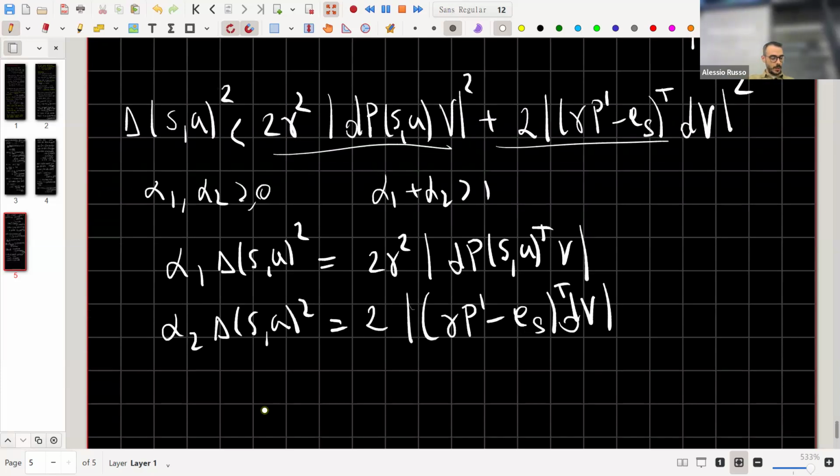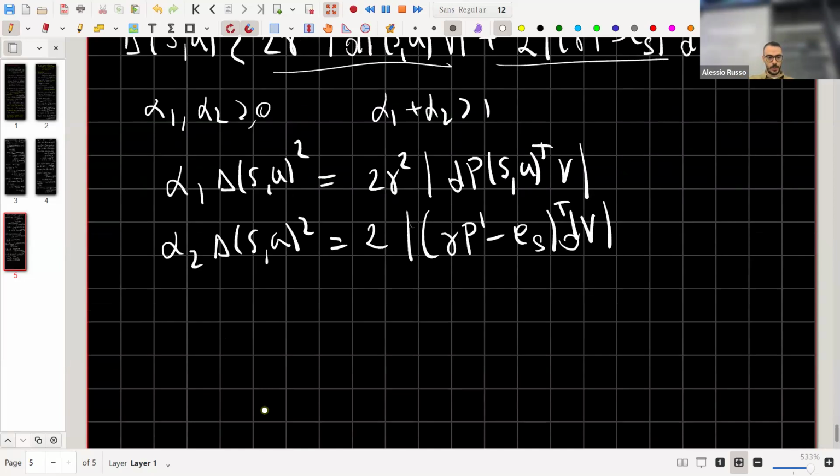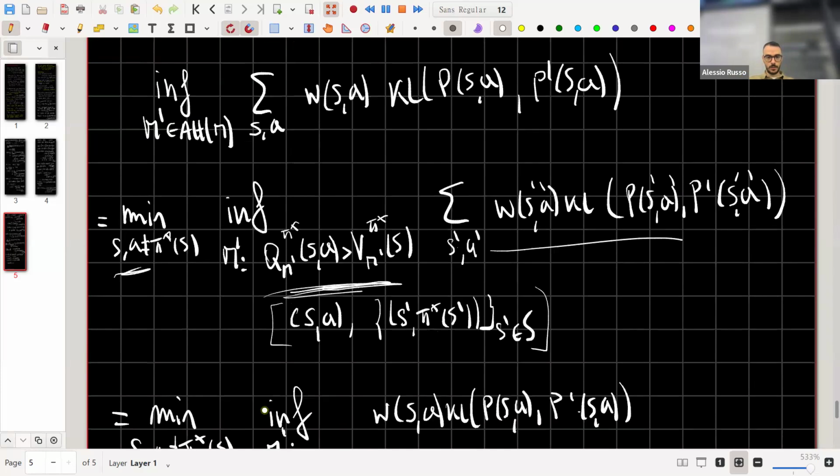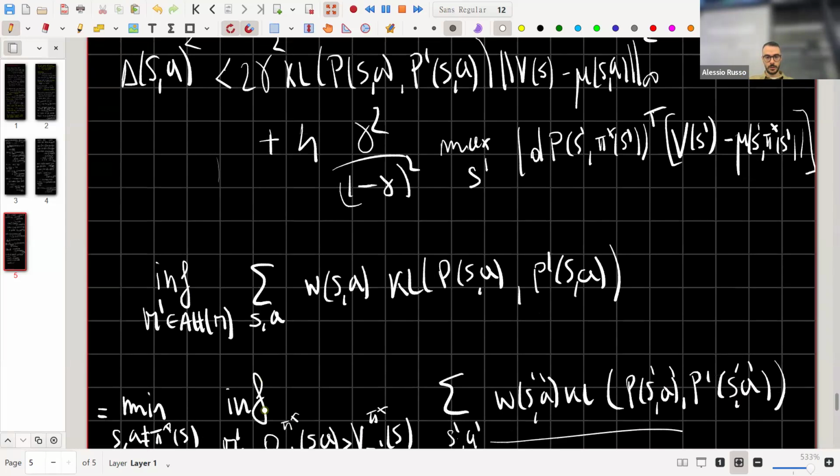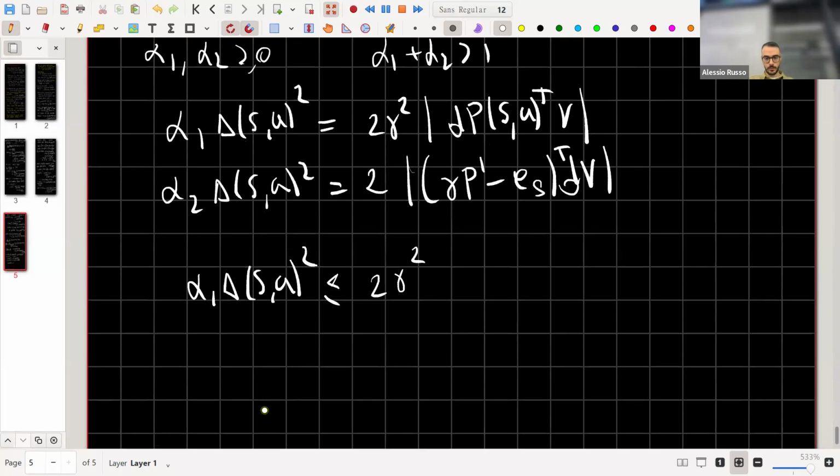So now we are going to plug in the upper bounds that we found before. So alpha 1 delta SA squared is bigger than 2 gamma squared, so basically this thing here. I'm just going to write P P prime because it's clear that it's NSA times the difference in the infinity norm between V and mu.